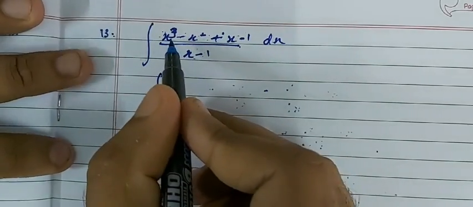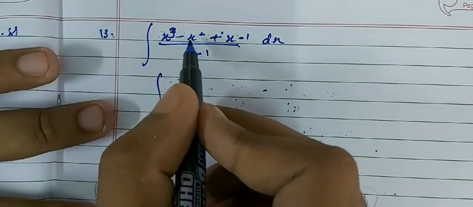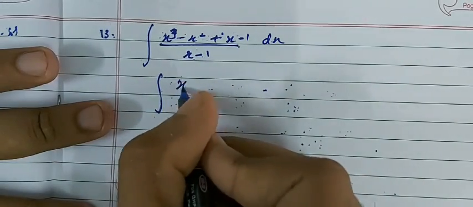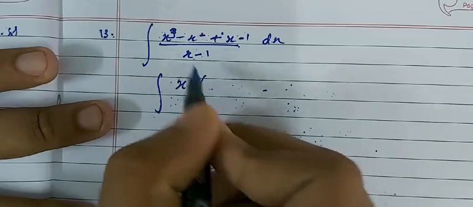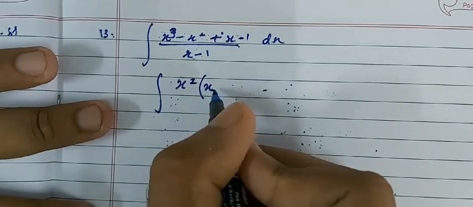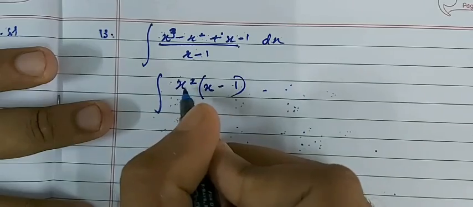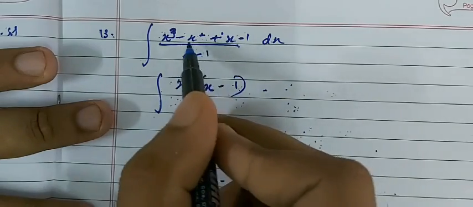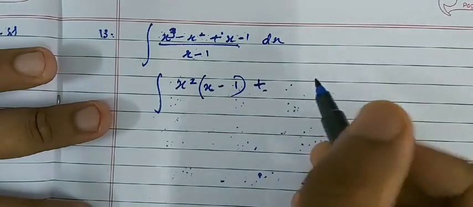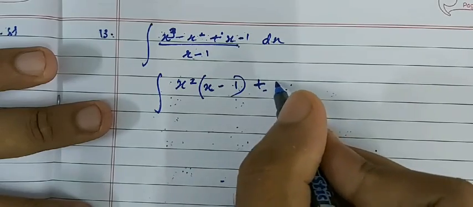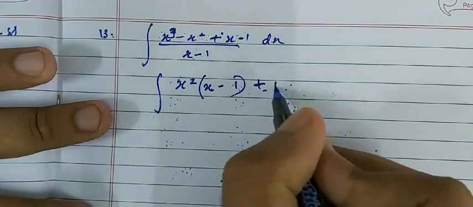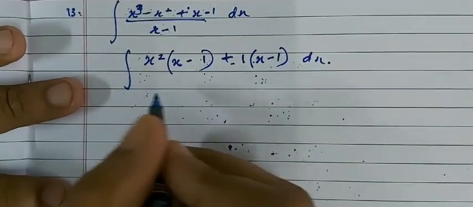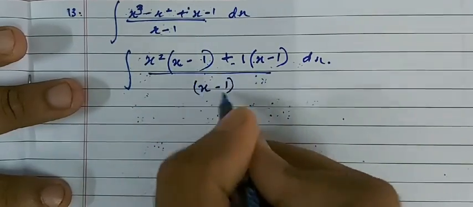So you think like this: x cube and x square, x square is in both of them, so we can take that x square outside. So x square into x, it will be x cube, x square into 1, x square, so x cube minus x square plus, we can take 1 outside, so 1 into x minus 1 dx by x minus 1.